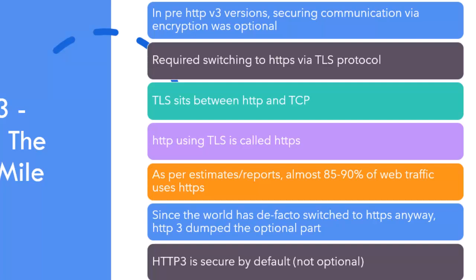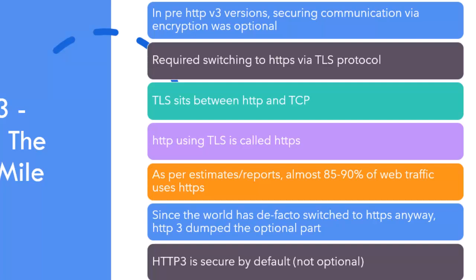That negotiating part is done after the TCP connection is established and before HTTP, and has its own overhead of multiple messages being exchanged to arrive at the encryption key, and is heavier than the TCP connection itself. HTTP2 considers this security layer called TLS as optional. HTTP over TLS is called HTTPS or HTTP secure.